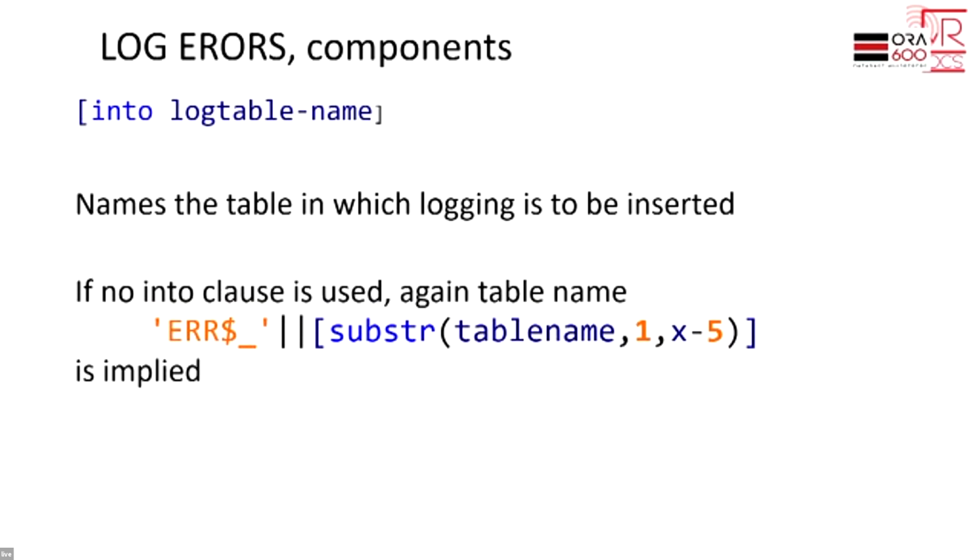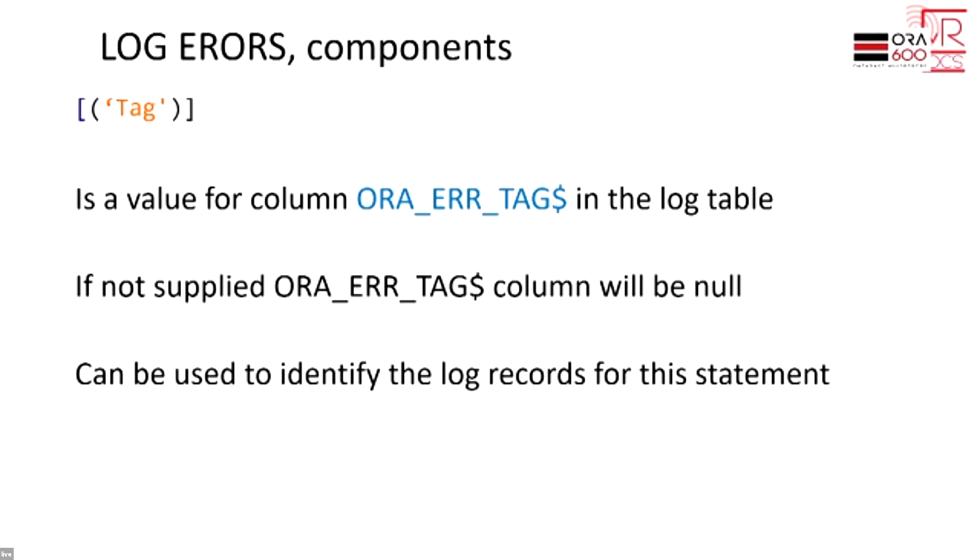The tag goes straight into the error tags column in the log table. Nothing else happens with it, it's just inserted into there. And you can use this to identify for which statement these errors were.